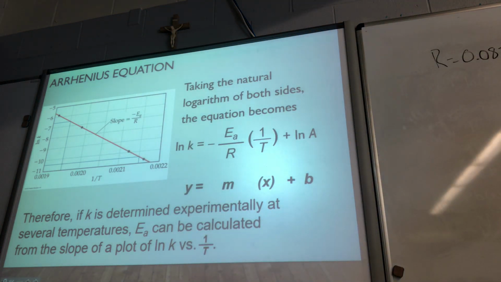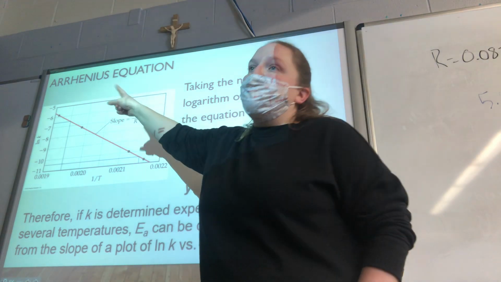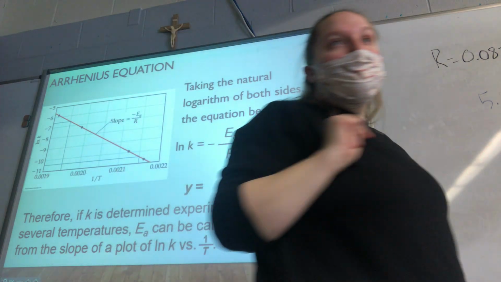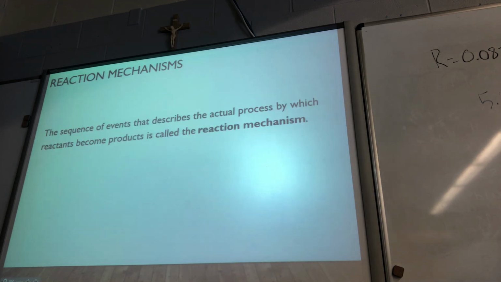If I tell you that some number is this, can you calculate this? Of course you can. I'm not going to have you graph this. I would give you a graph, tell you the slope, and say, what's the activation energy? That's like your example you can look forward to. Okay.